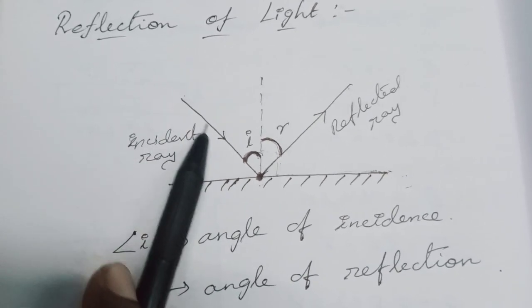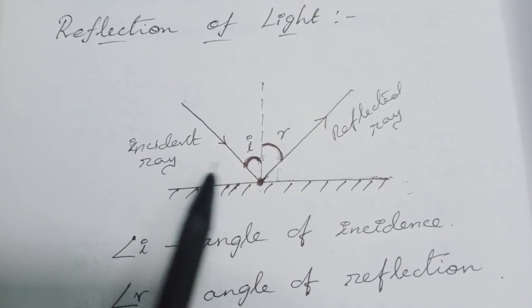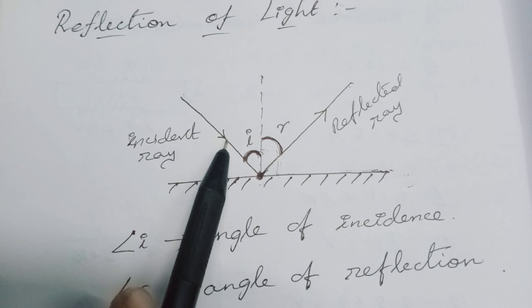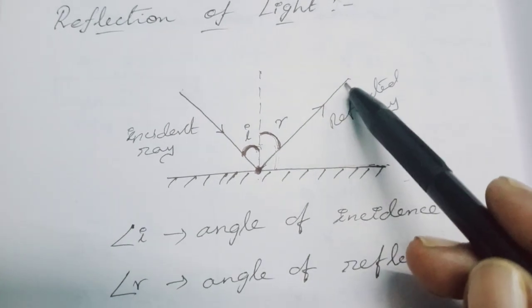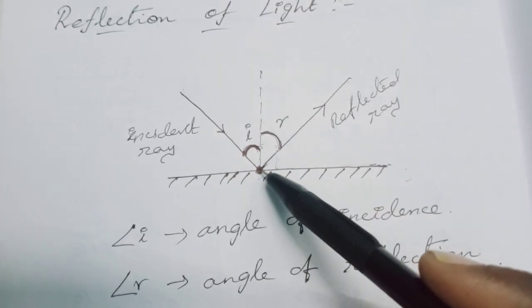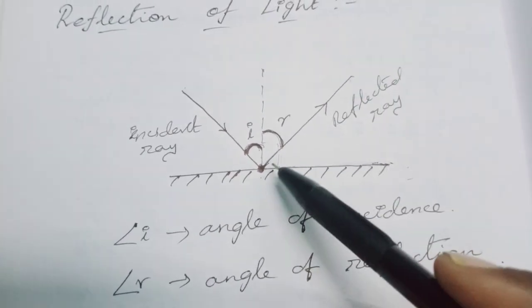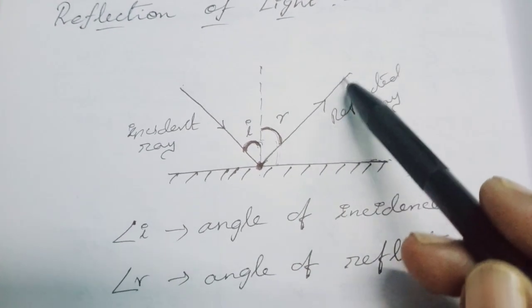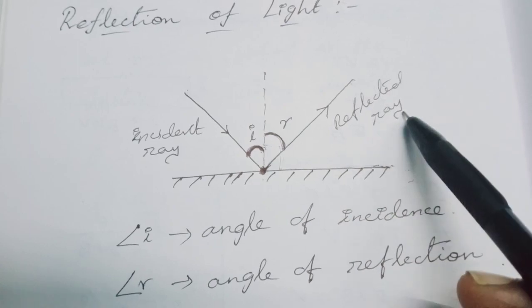It means the ray is incident on the mirror. So what happens when the incident ray falls on the mirror? It rebounces back to the same medium. It means it is returning back to the same medium. This rebounding of the light ray is called the reflected ray.